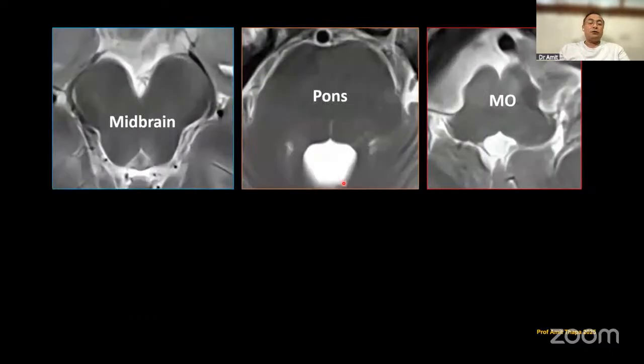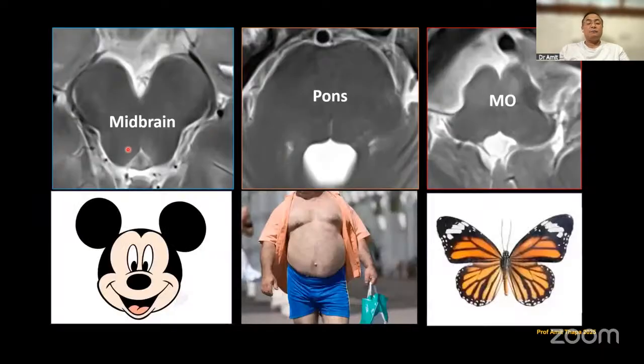Now, in the MRI pictures, it is very interesting to remember it as a cartoon. The midbrain appears like Mickey Mouse, the pons looks like a fat belly of a man, and the medulla oblongata can be appreciated as a butterfly with the wings on. These are very true characteristics when we look at the cartoons representing these radiological pictures.